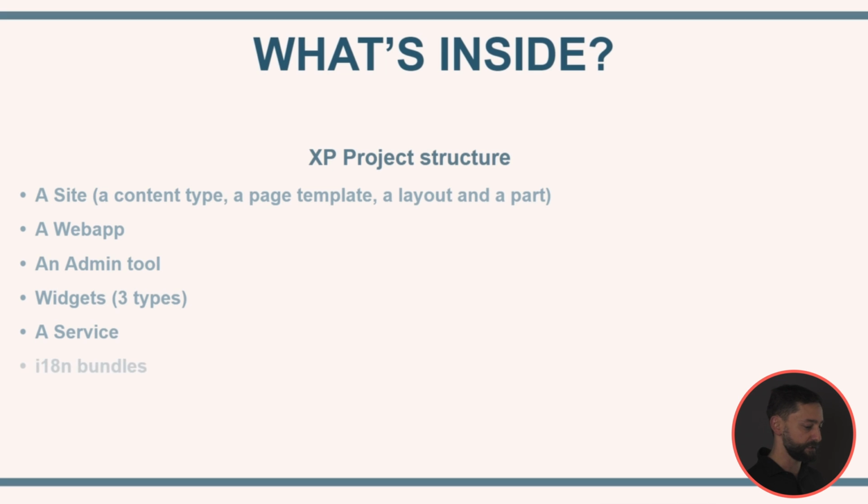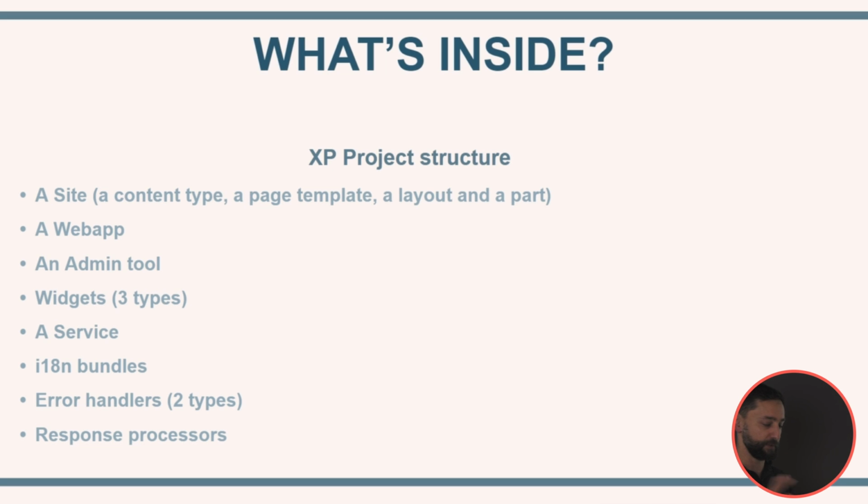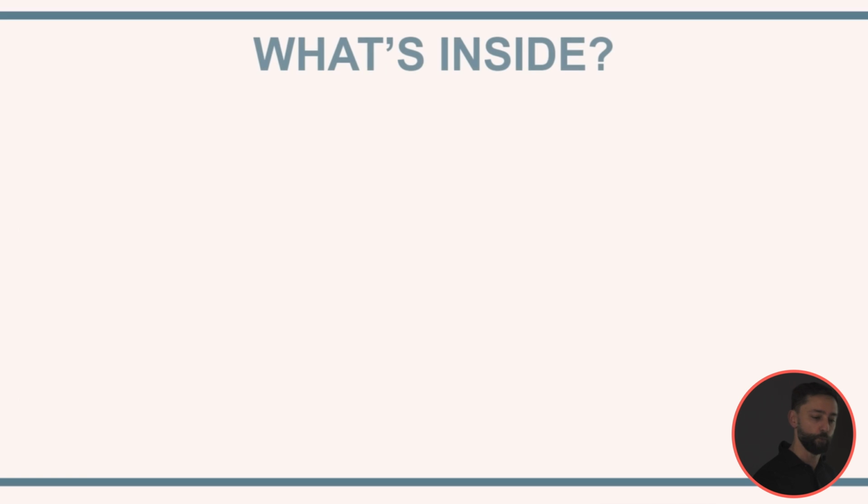It has some localization, 2 types of error handlers, and 1 response processor. So we decided that it will cover most of the things, though we don't have x-data and so on. But there is no end to how much we can put in there, and we want to keep the balance.